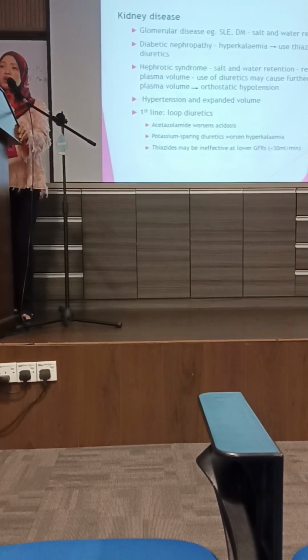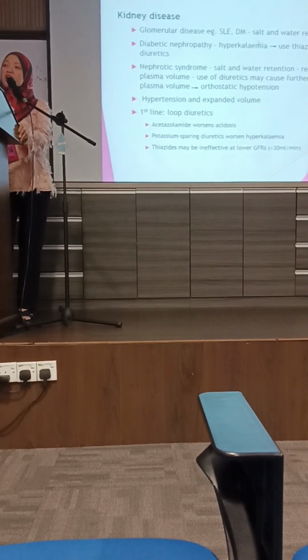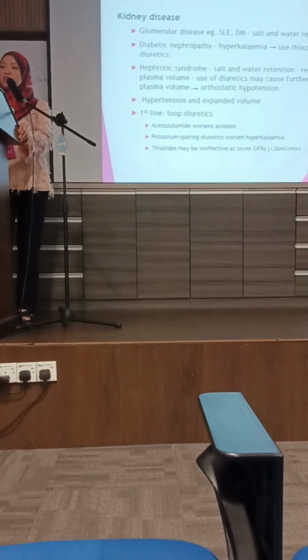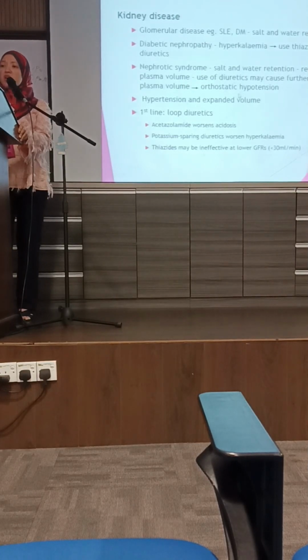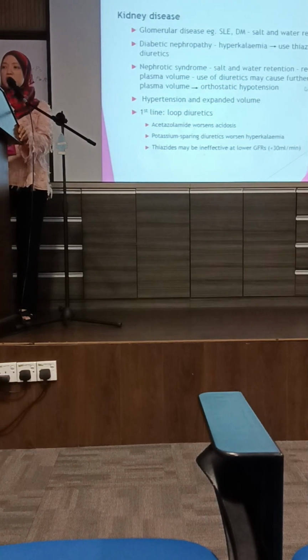And for those who have diabetic nephropathy, usually they present with hyperkalemia. So when there is hyperkalemia, we can give thiazide or loop diuretics. Okay, and those who have nephrotic syndrome, we can also give loop diuretics and thiazide. Okay, because nephrotic syndrome can eventually cause orthostatic hypotension.